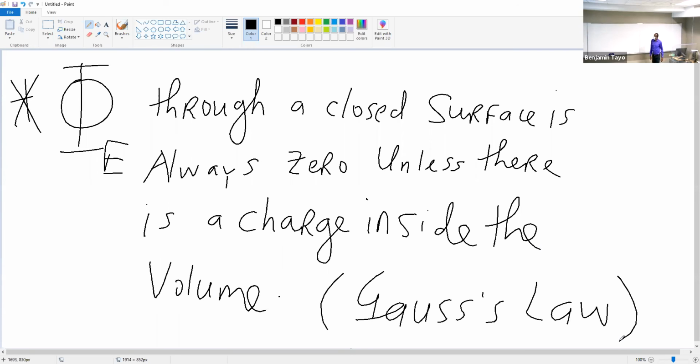The electric flux through a closed surface is always 0 unless there is a charge inside the volume.